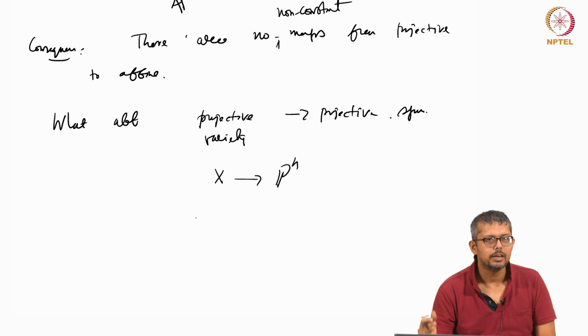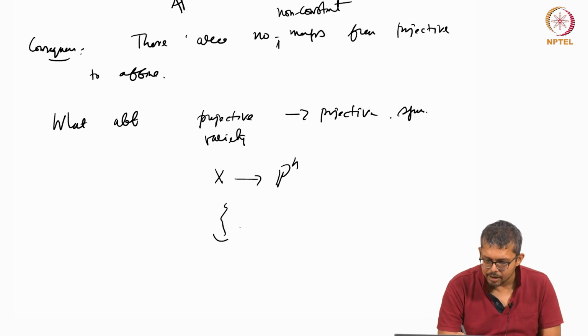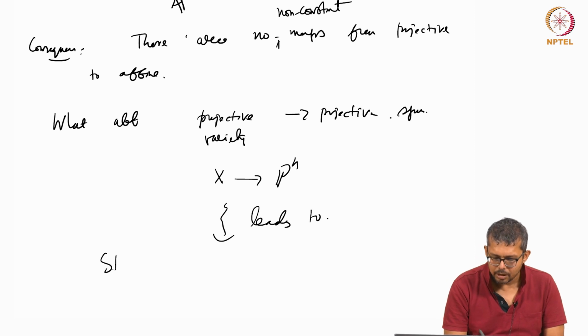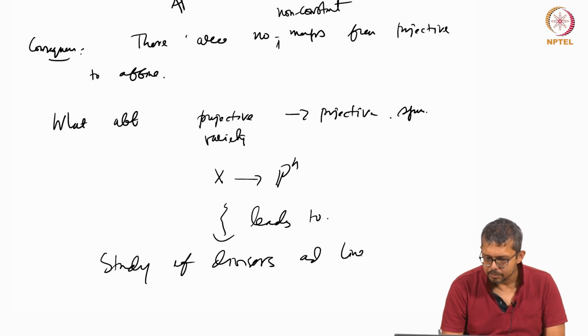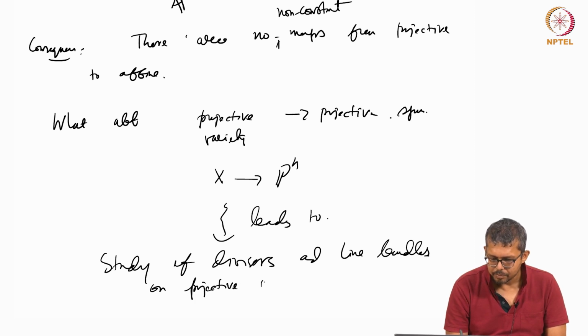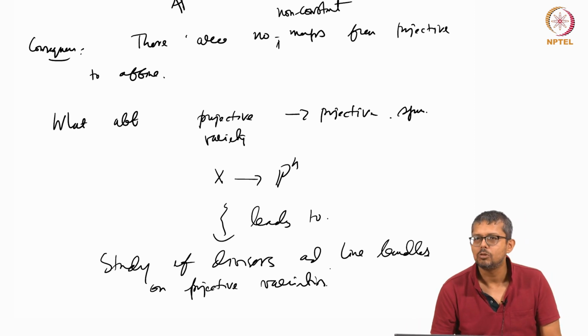Then divisors, ample line bundles, very ample line bundles, the linear system. This leads to the study of divisors and line bundles and projective varieties. These are more advanced topics, maybe in a second course you learn all this.